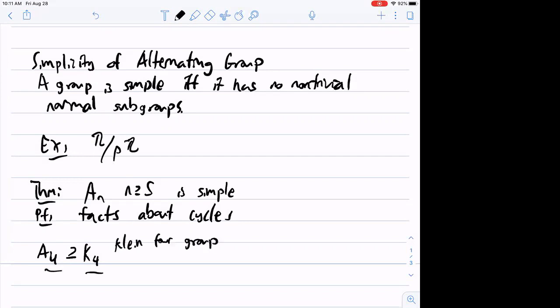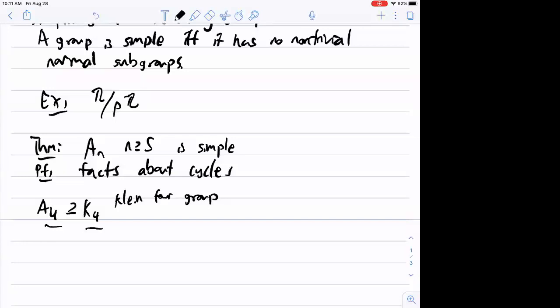This group is normal in A4. You could check, I think it's given by E, and then (1 2)(3 4), (1 3)(2 4), and (1 4)(2 3).